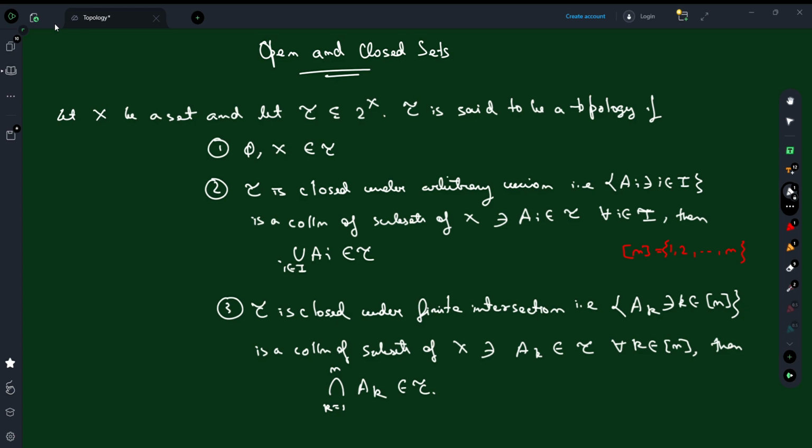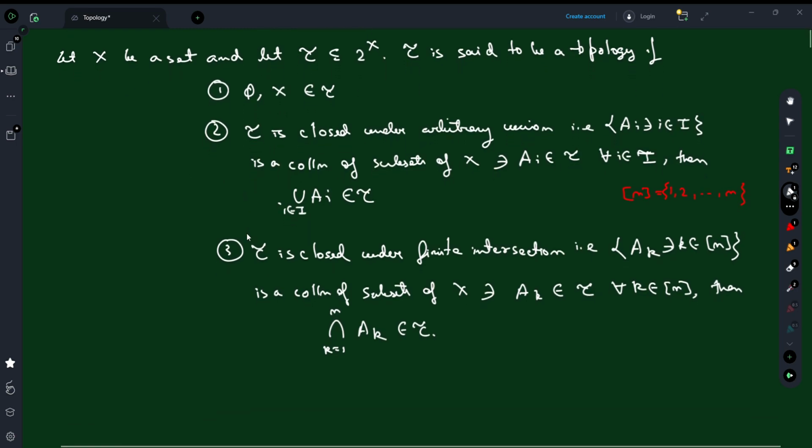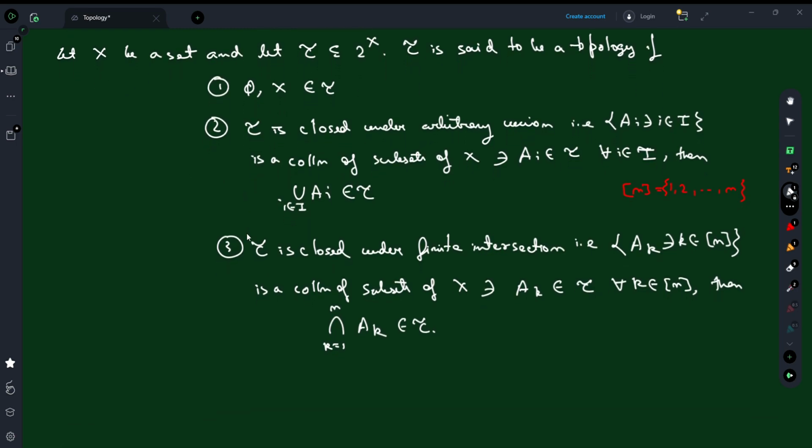A finite family of open sets has an intersection that is again open. The whole metric space is open, and the empty set is also considered open. So, having some relevance to that, we claim that any subset of X which is contained in tau is an open set. So elements of tau are said to be open.